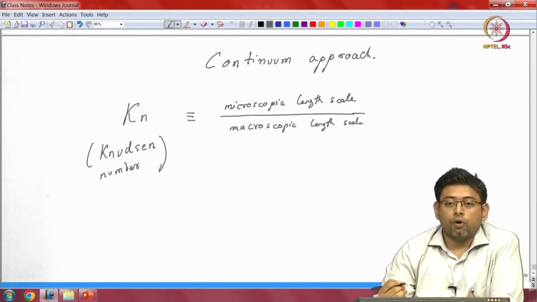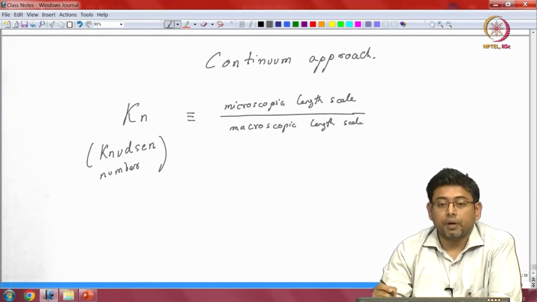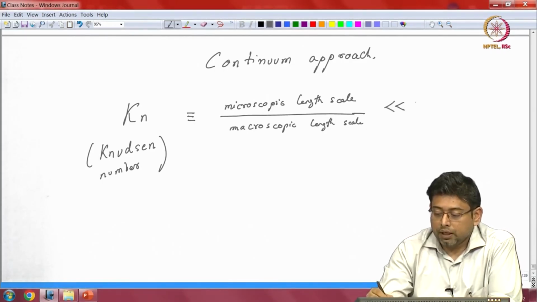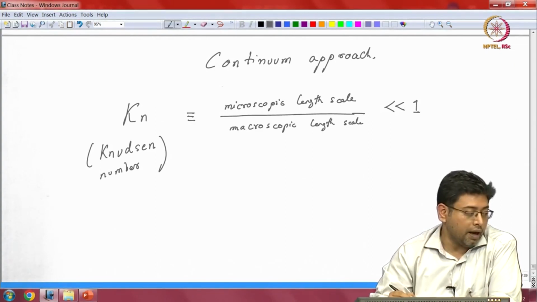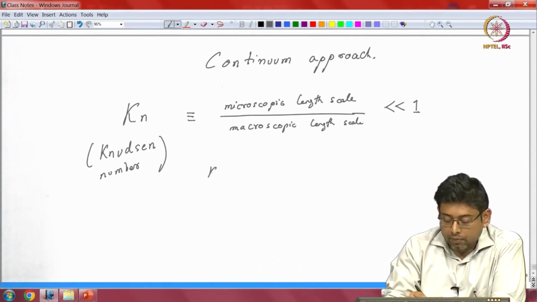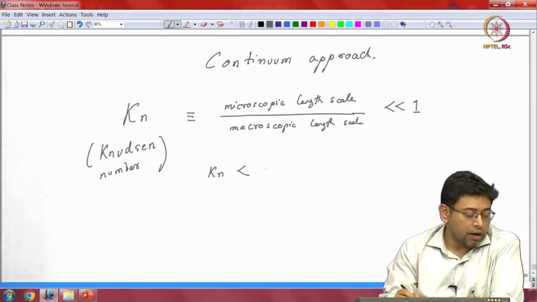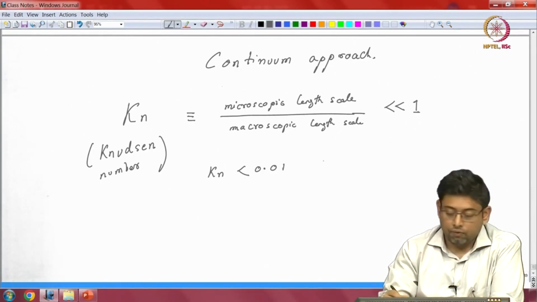Or if you have a flow inside a channel, length of the channel wall can serve as a macroscopic length scale. So this number should be much less than 1 if my continuum approach has to be valid. In fact, we say that for continuum approach to be valid, our Knudsen number should be less than 0.01, okay, for continuum flow.